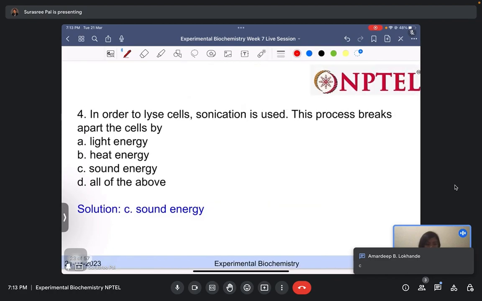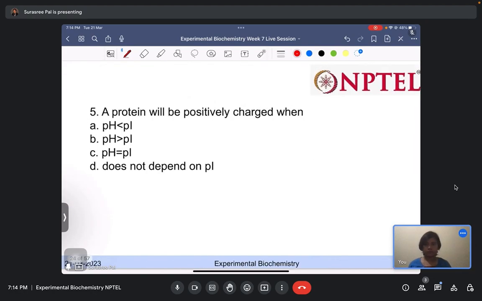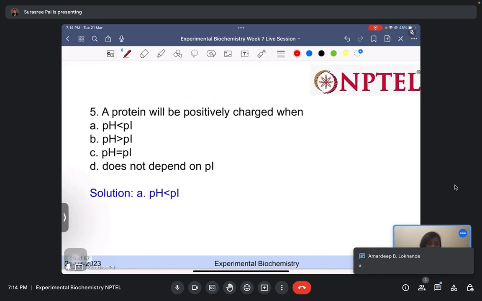Right. The correct answer is sound energy is used for the sonication process for cell disruption. Okay. The correct answer is pH. When pH is less than pI, the protein will be positively charged.